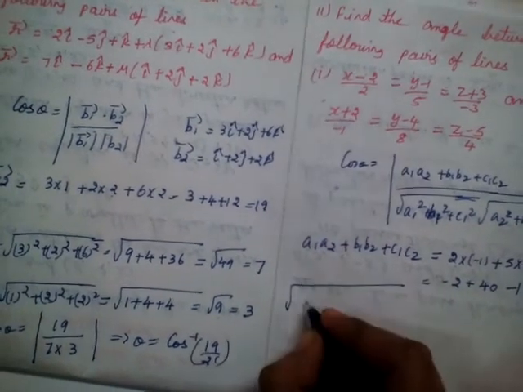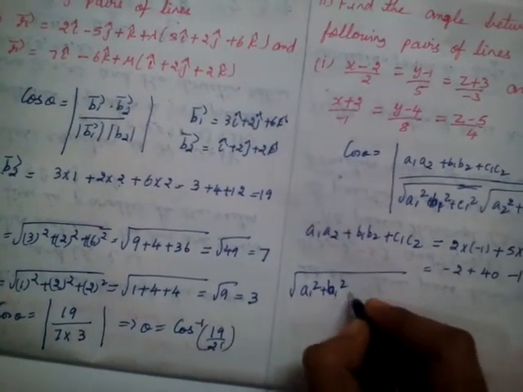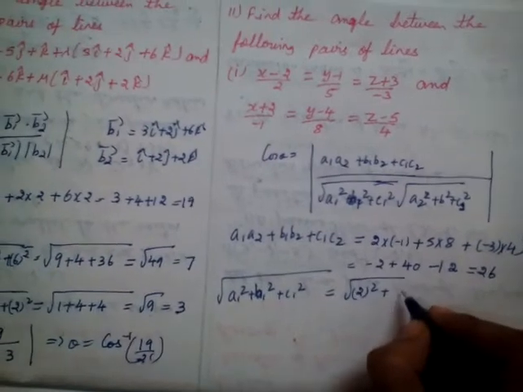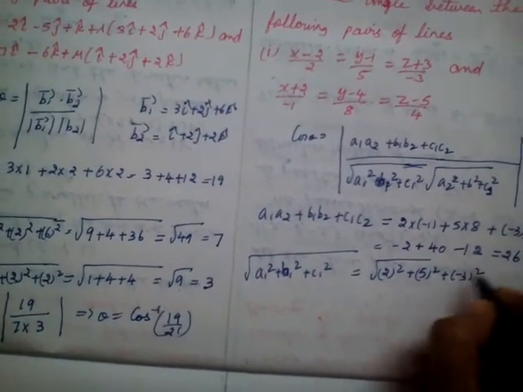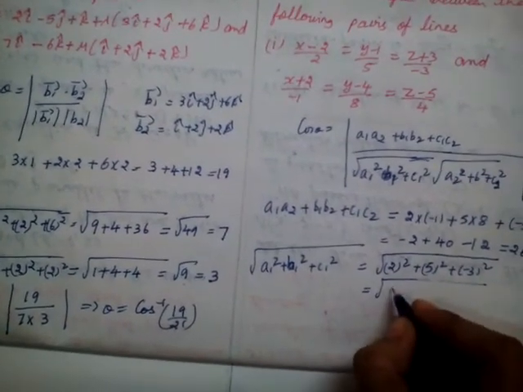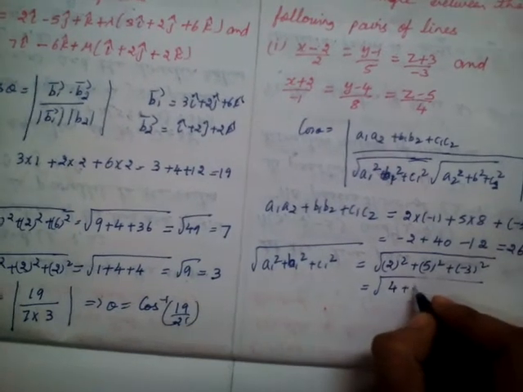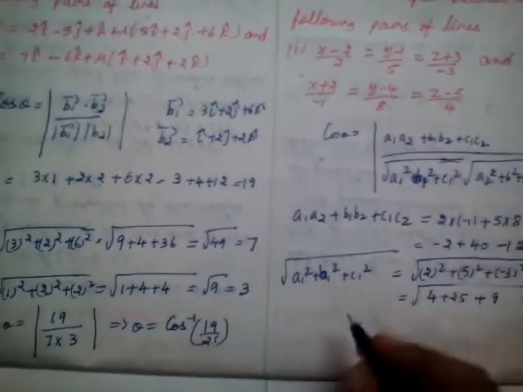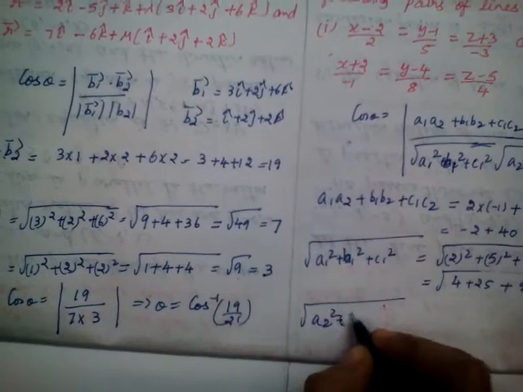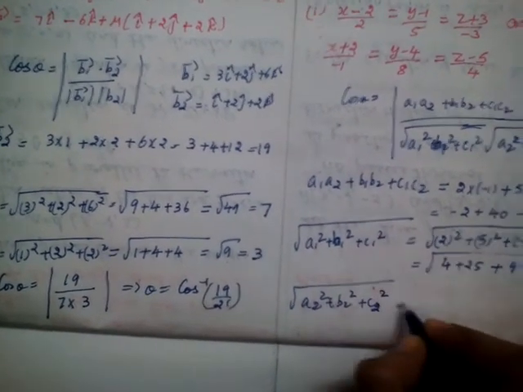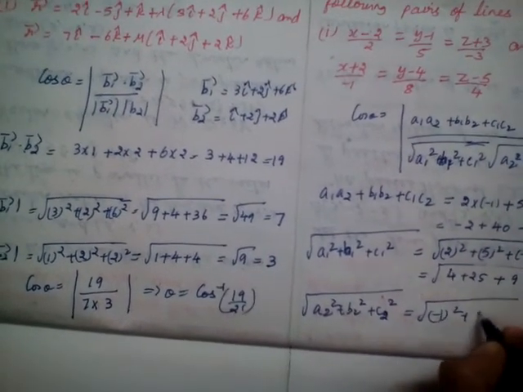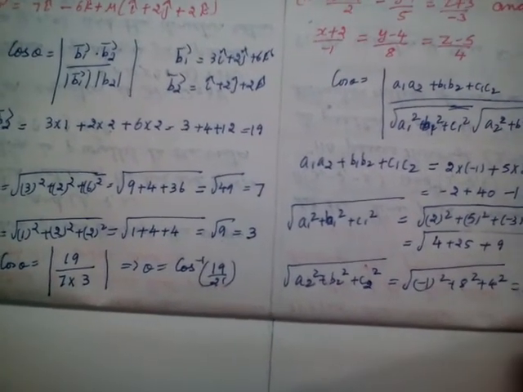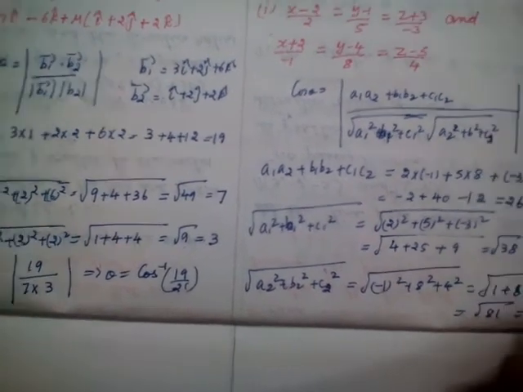The next one, root of a1 square plus b1 square plus c1 square, which is root of 2 square plus 5 square plus minus 3 square, so when you square this you get 4 plus 25 plus 9, which is square root of 38. The next one is square root of a2 square plus b2 square plus c2 square, which is root of minus 1 square plus 8 square plus 4 square, which is root of 1 plus 64 plus 16, which is square root of 81, equal to 9.